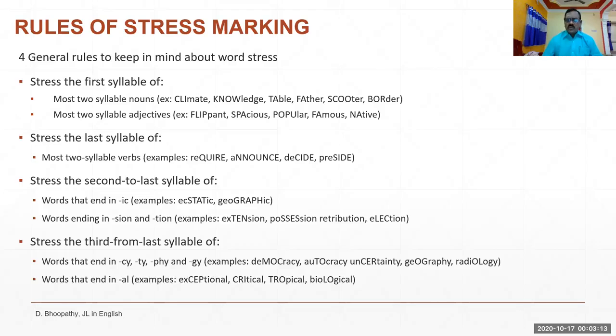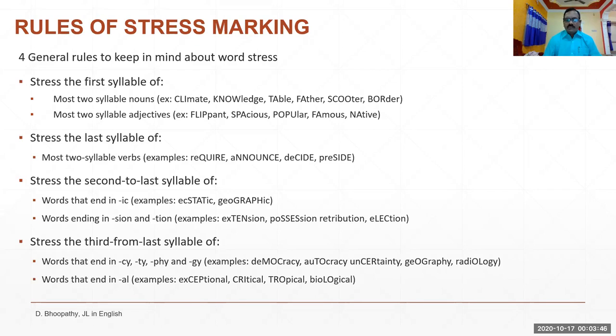There are different rules of marking stress. Let us see very briefly 4 different rules. For example, the first syllable is the stressed syllable when it is a noun and it has 2 syllables. For a noun which has 2 syllables, most probably the first syllable is the stressed syllable.